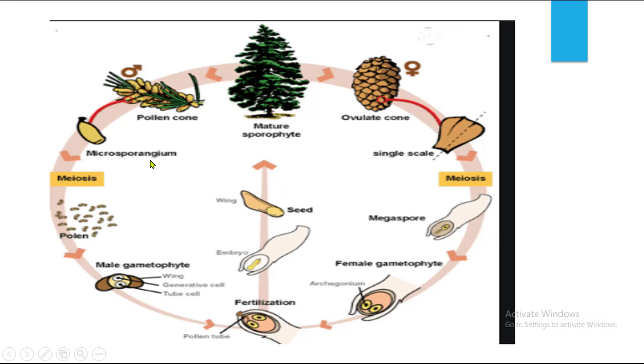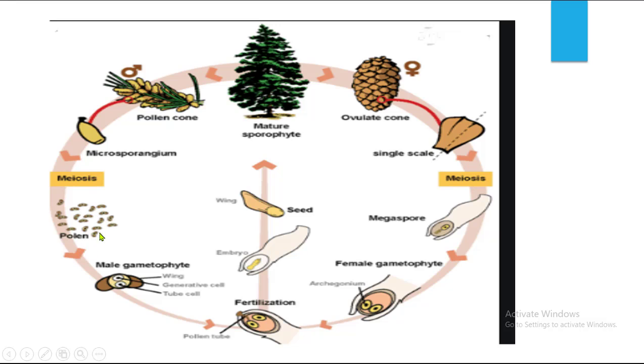From here, the cells of the microsporangium, which are known as microsporangiocytes, undergo meiosis, and when meiosis takes place, you better know that the resulting cells are haploid cells. So they produce haploid pollens.